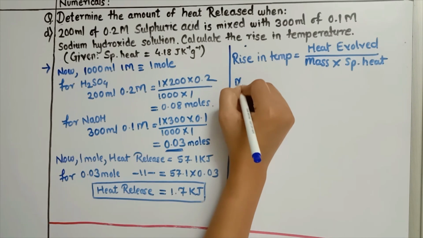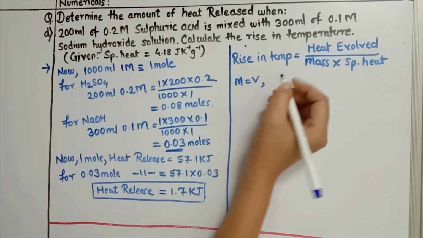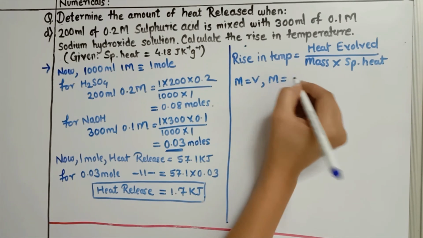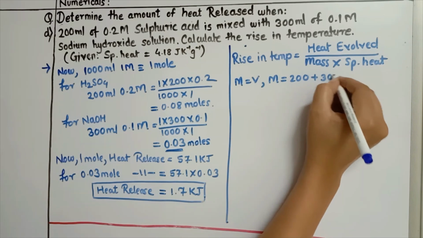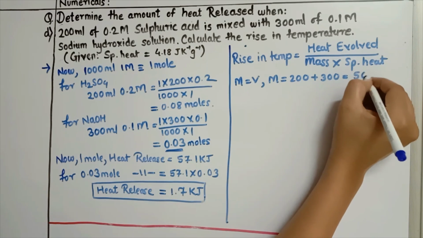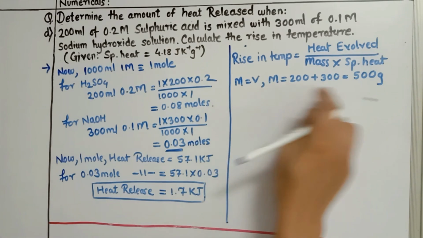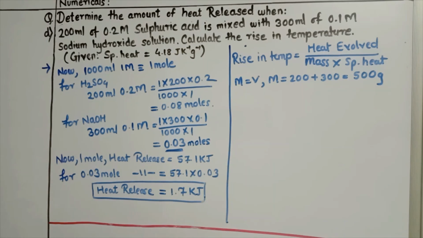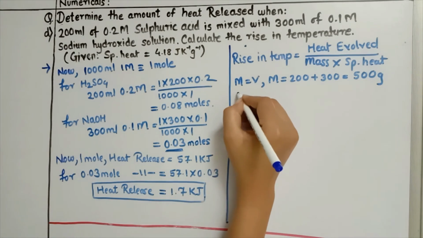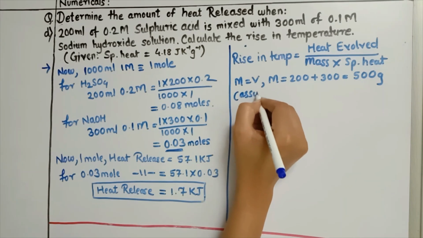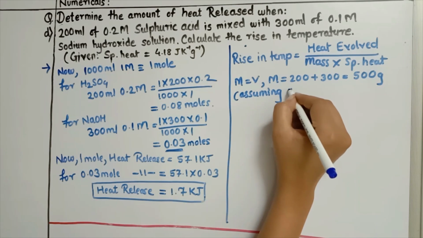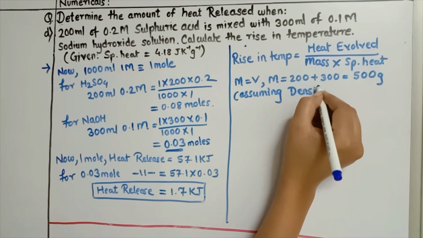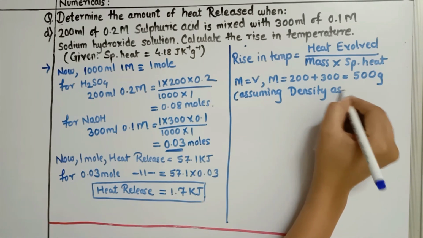Again, mass is equal to volume. That means mass is equal to 200 plus 300, which is equal to 500 gram. This explanation I have given you in the previous question, that we have to assume density as unity.